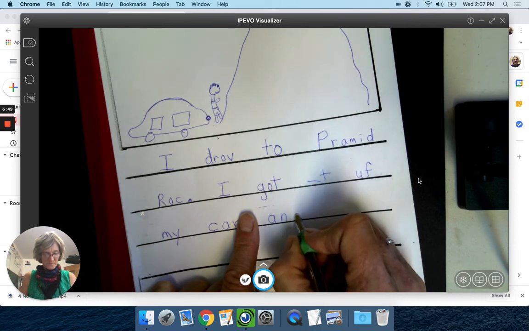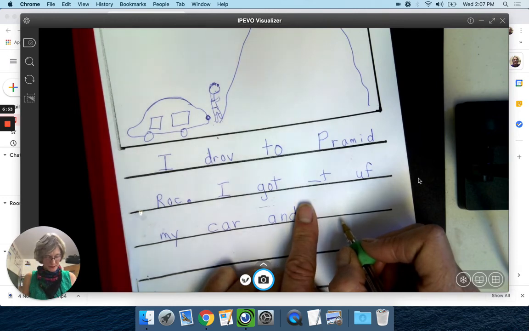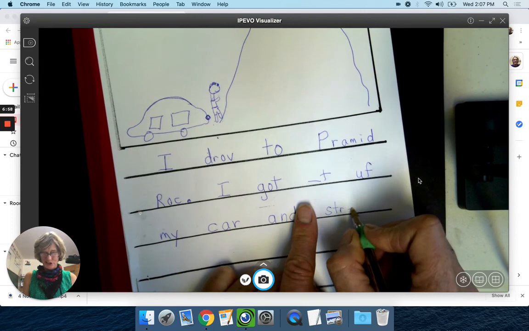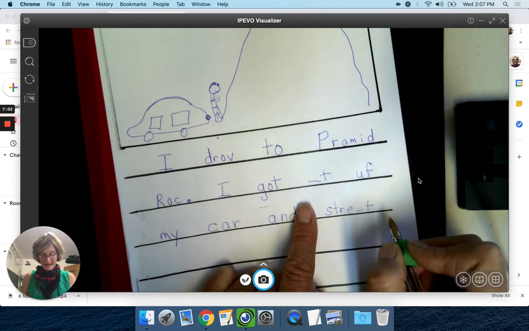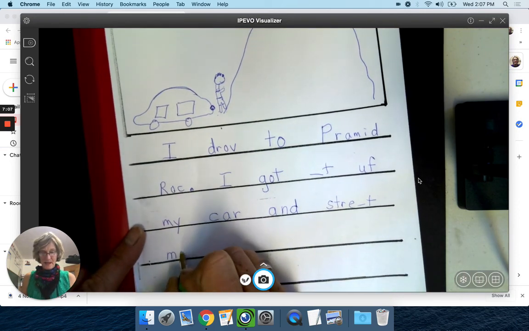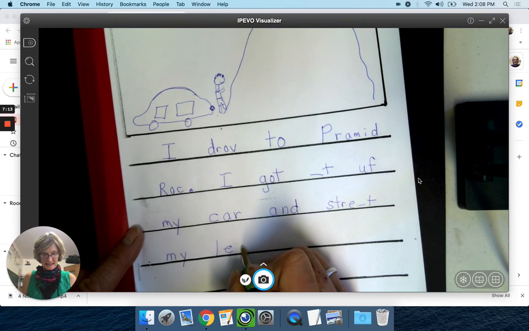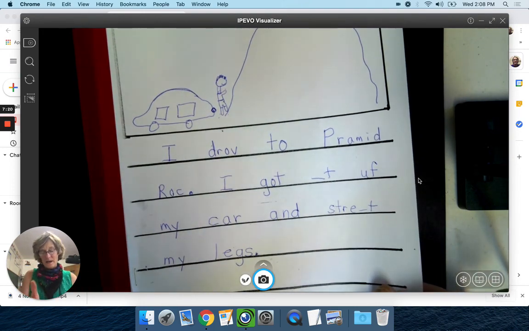And stretched. Ooh, that's a hard word, but I can do it. Stretch. I don't know. Stretched. My again. Wow, right under each other. My legs. Period.